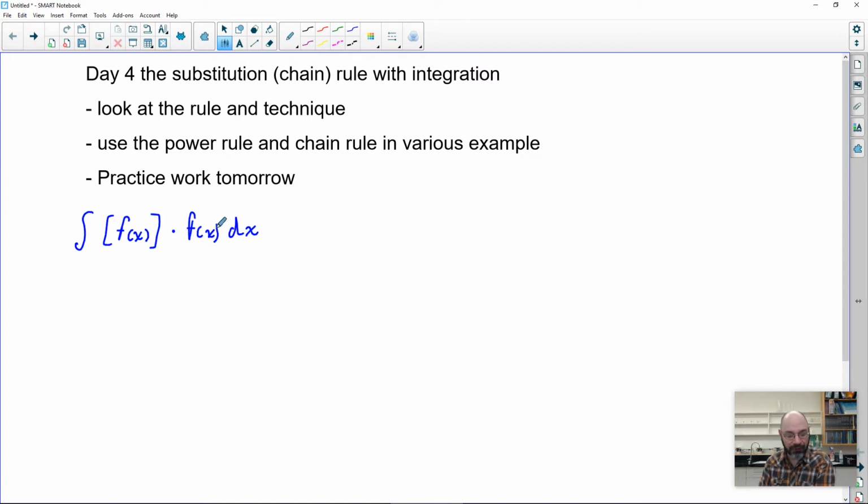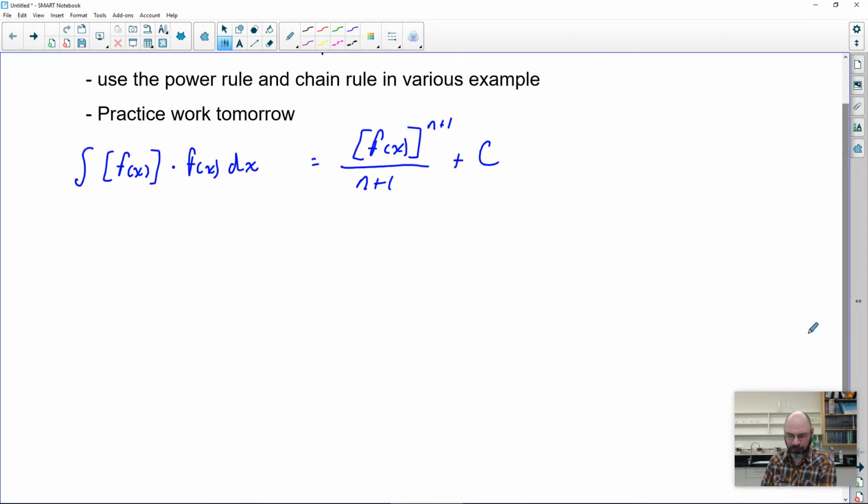We still have that where we're doing f of x to the n plus 1, whatever that power is, over n plus 1. So that's still the power rule, plus c. Okay, so we're still using the power rule. And what we're going to do is an example of using the chain rule here.